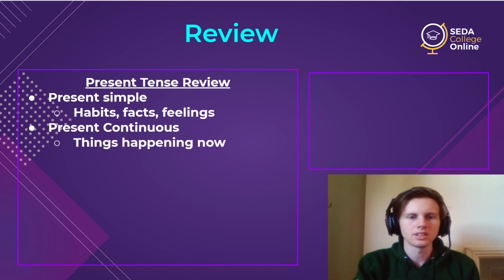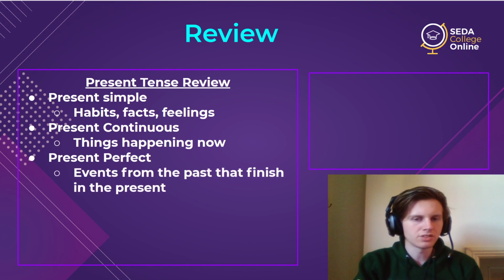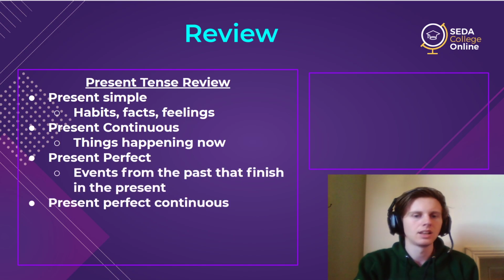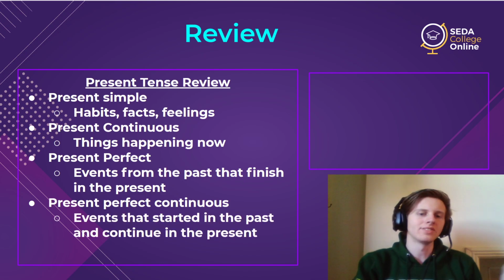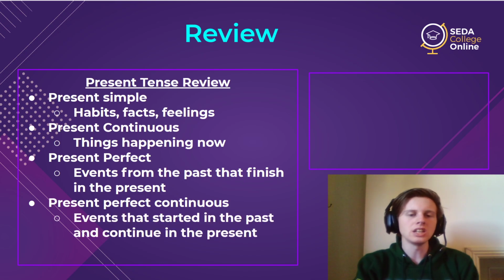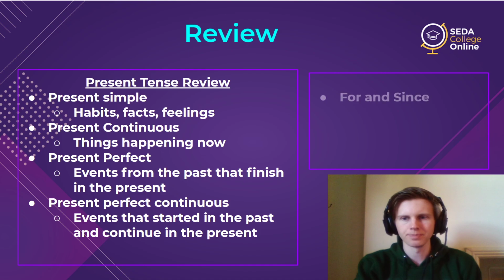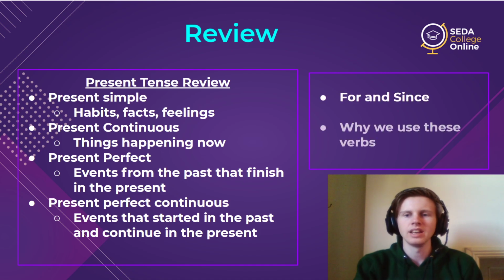Present continuous, things happening now in progress. Present perfect, events from the past that finish in the present. Present perfect continuous, events in the past that continue in the present and will continue. And then we talked about for and since and why we use these verbs.